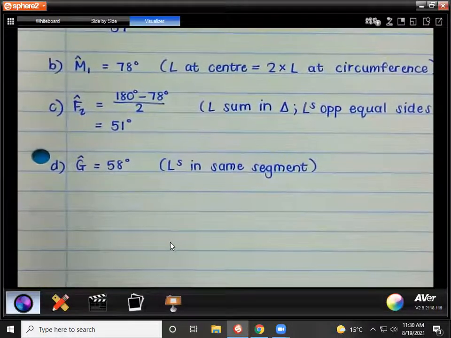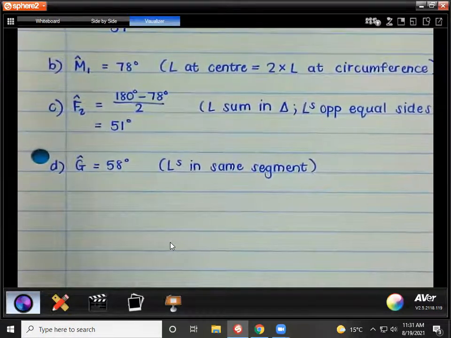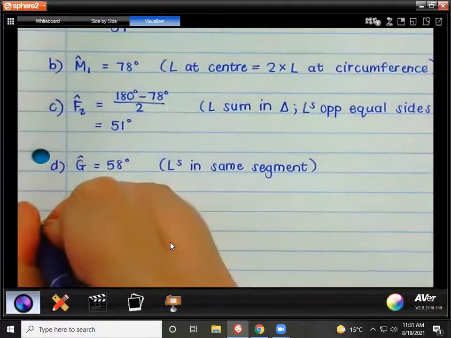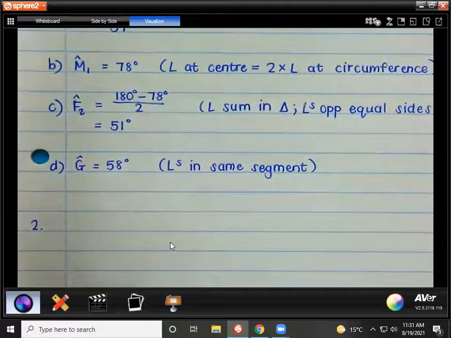If you want to for yourself, if you want to say chord DE, you can, but they don't give marks for that. Well, you have to use that wording, but you can add the chord part if you want. Okay, but those words have to be there. All right, that's number 1. Are we happy? Okay, number 2 is a bit more complicated.